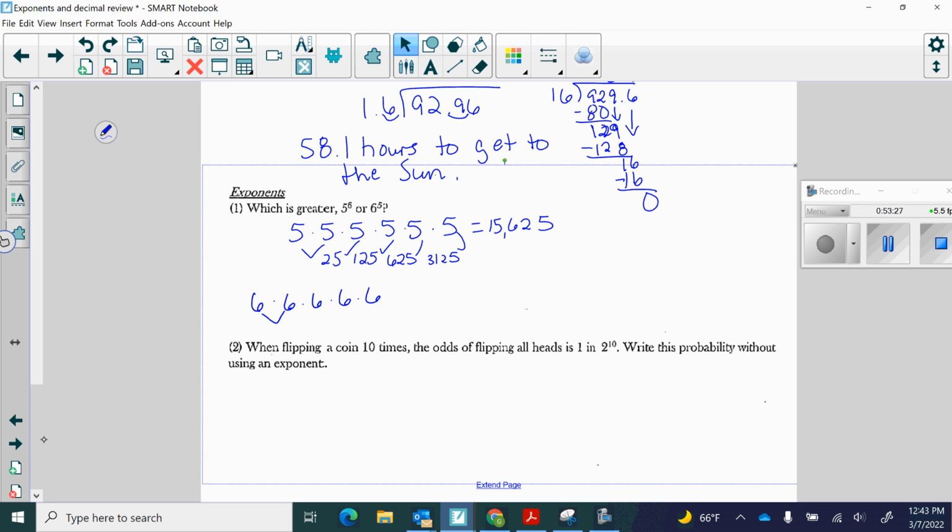And 6 to the 5th power, so 6 times 6 is 36, times 6 is 216, times 6 is 1296, and times 6 is 7,776.